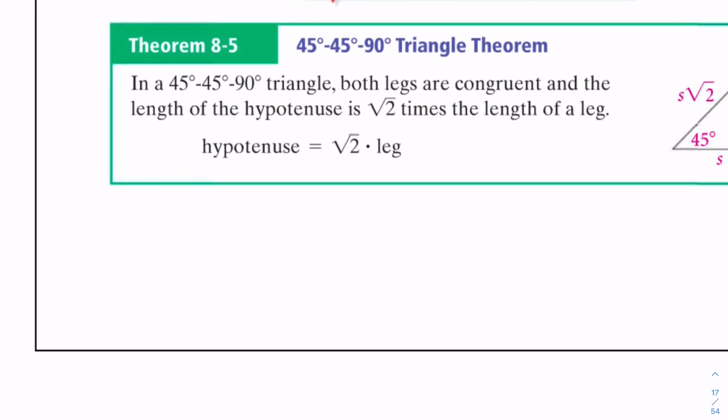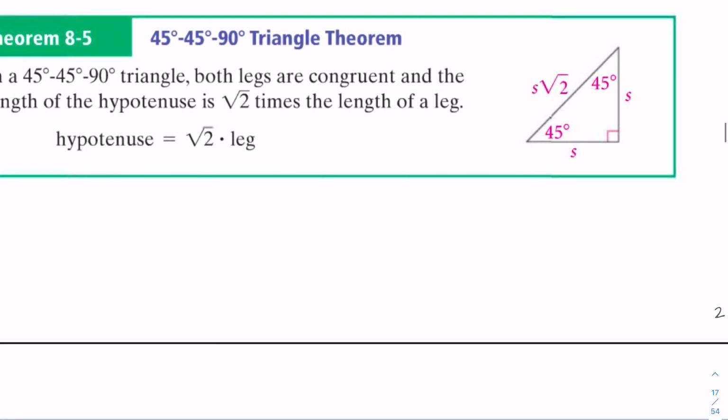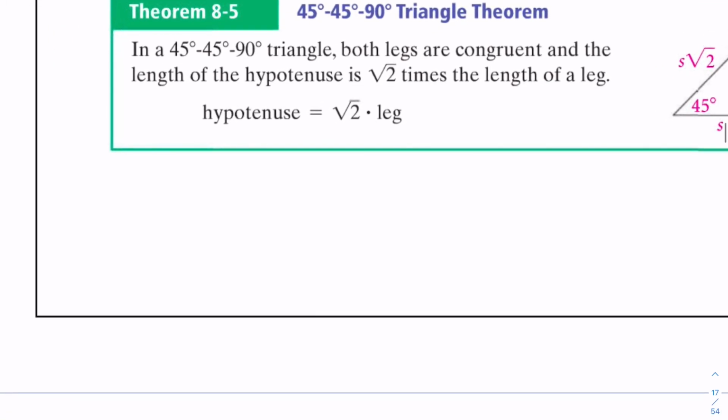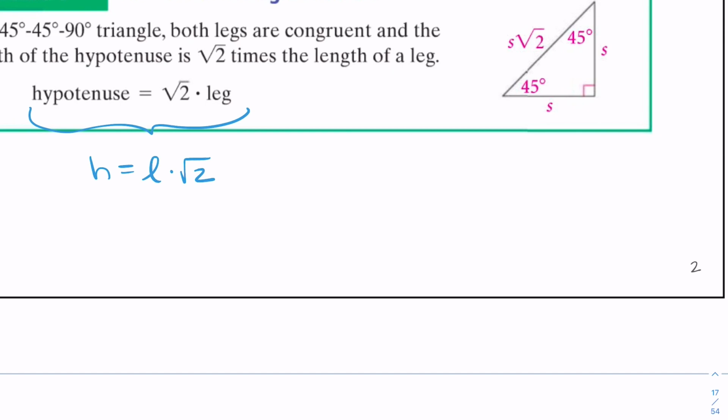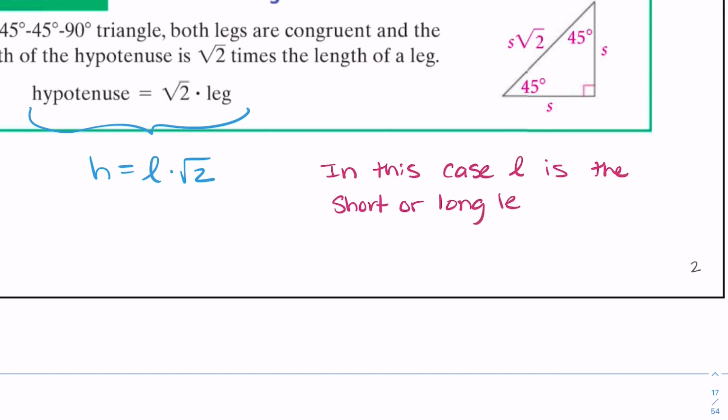So let's summarize this. H is equal to the leg times the square root of 2. L in this case is the short leg or the long leg.